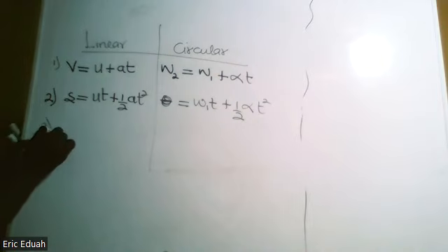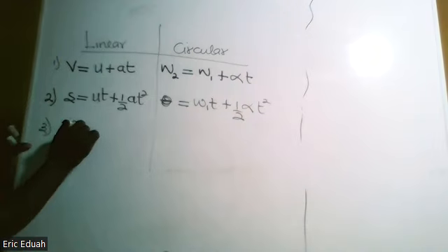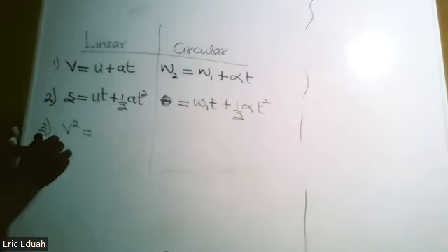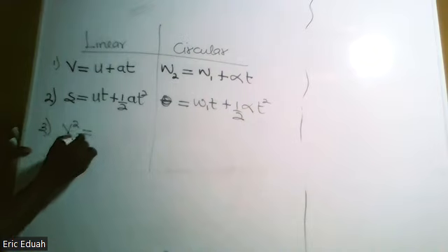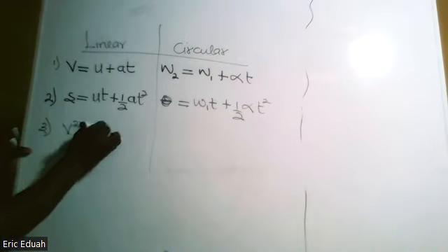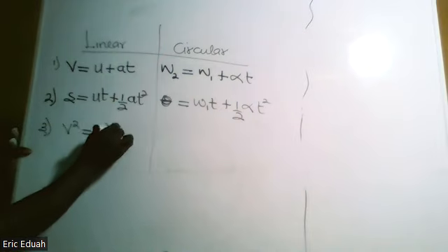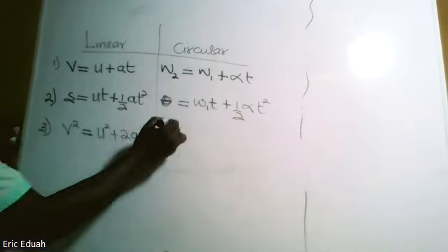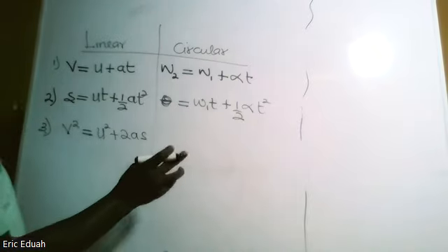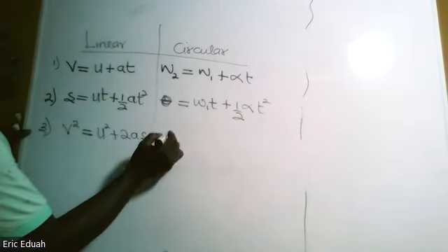V squared is equal to U squared plus 2AS. Let's join the hallelujah chorus, and the circular motion too.